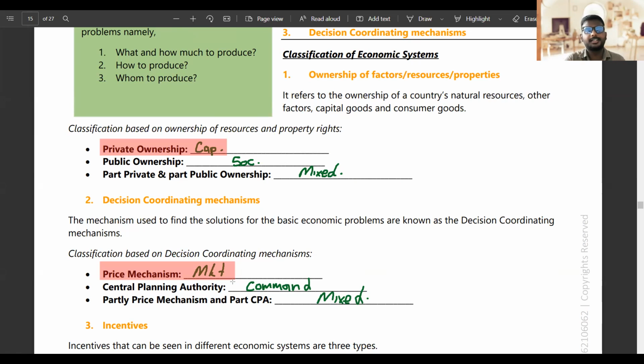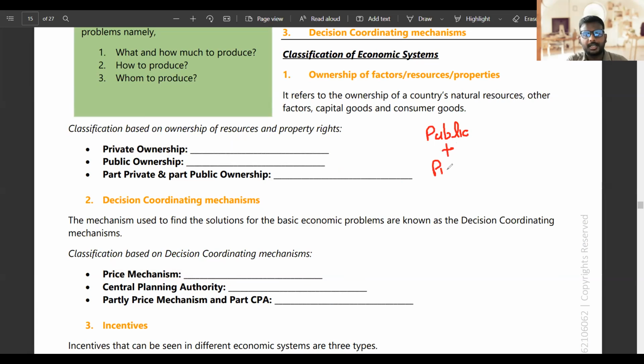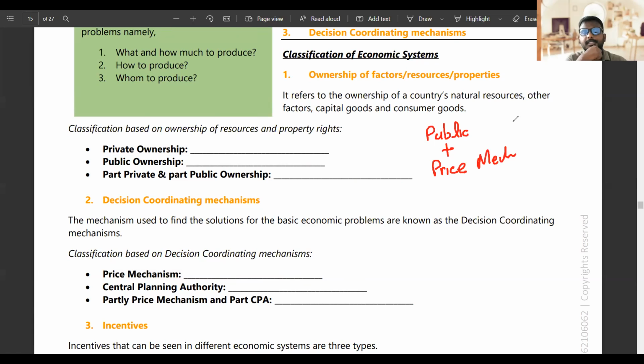Actually, there is an economic system in your syllabus also where you see public ownership along with price mechanism. What is the name given to that economic system? Economic system where resources are owned publicly, but decision is made by price mechanism.